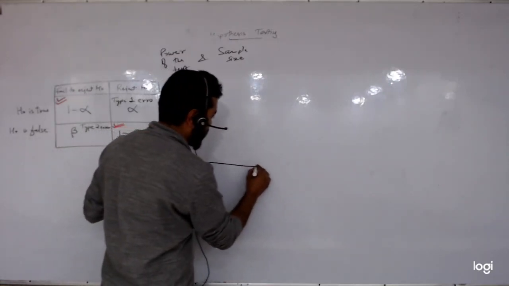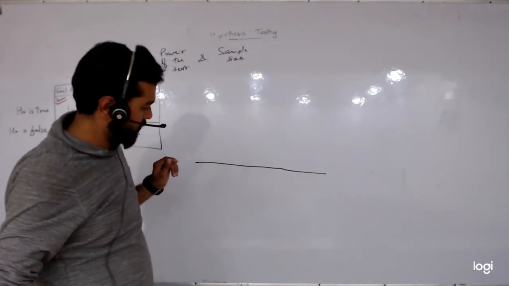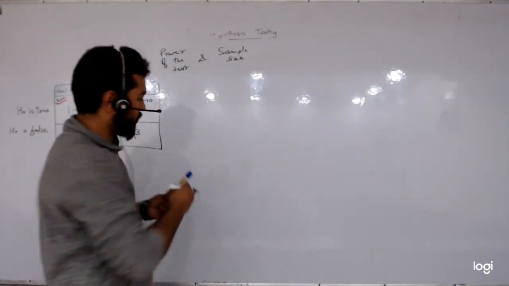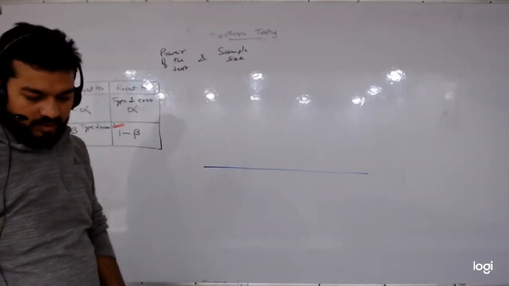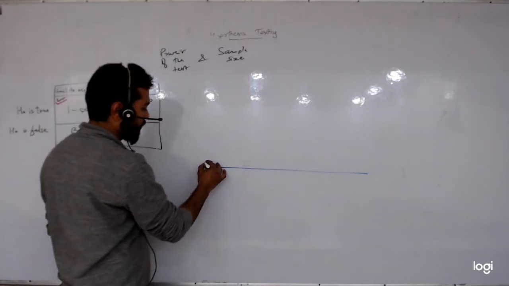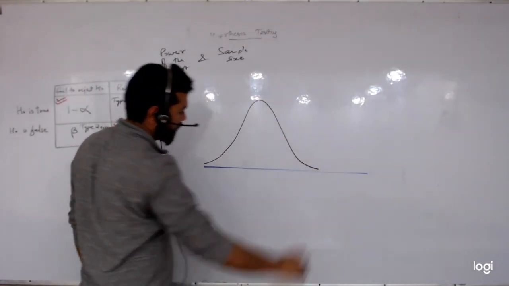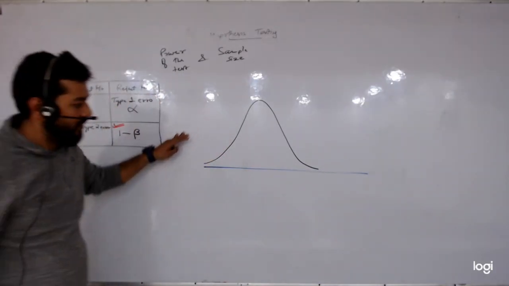Throughout our thing, now let's do this with blue. This distribution is drawn assuming the null is true, with black color.